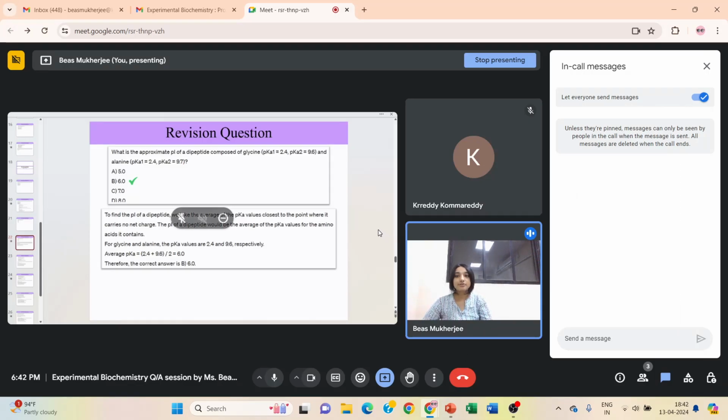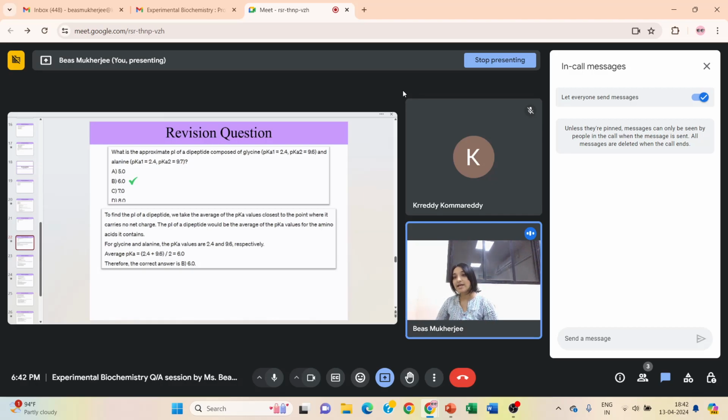So the answer is here. To find the pI of a dipeptide, we take the average of the pKa values closest to the point where it carries no net charge. This we know. So the pI of a dipeptide would be the average of the pKa values for the amino acids it contains. So for glycine and alanine, the pKa values are 2.4 and 9.6 respectively.